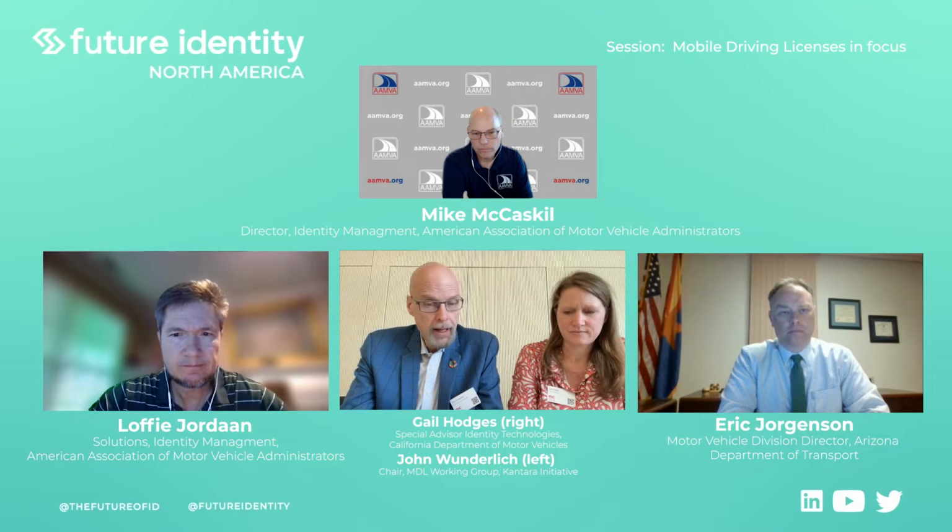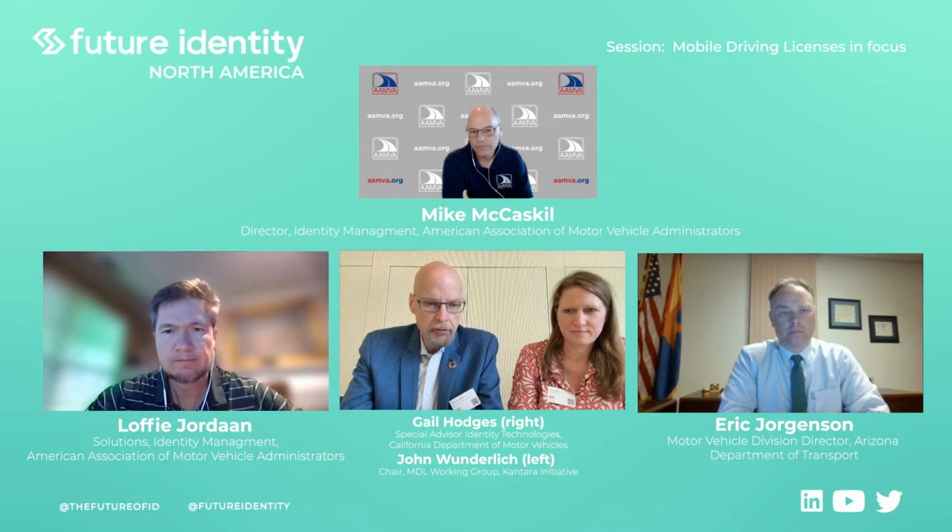But if I put on my hat as a privacy person or as an enterprise privacy consultant, some of the stuff that's scoped out of 18013-5, and Loffie will correct me if I'm wrong, have to do with governance, policy, and things outside the transaction. So we talk in privacy about privacy impact assessments or privacy policies, privacy programs.